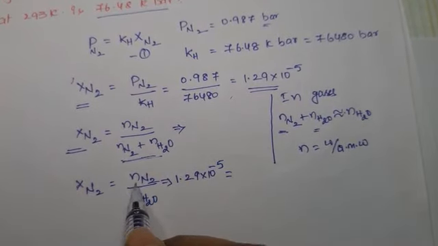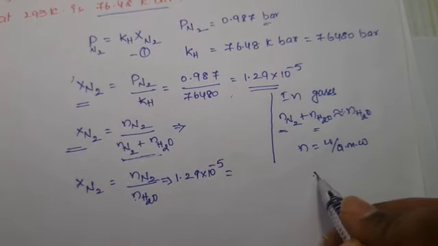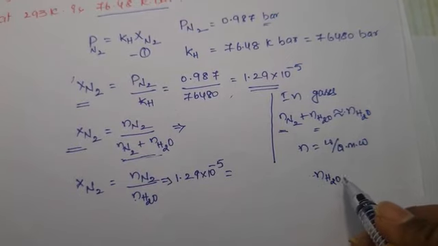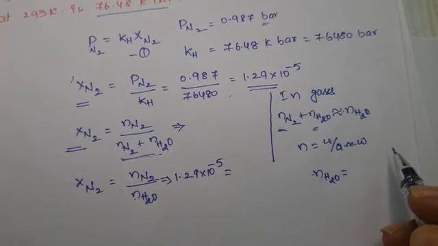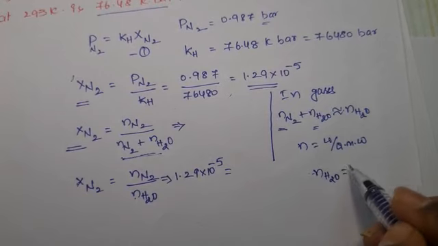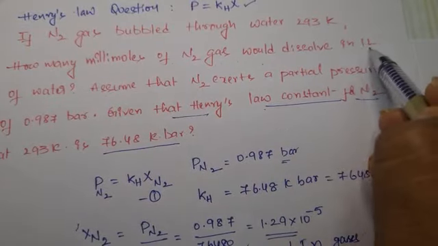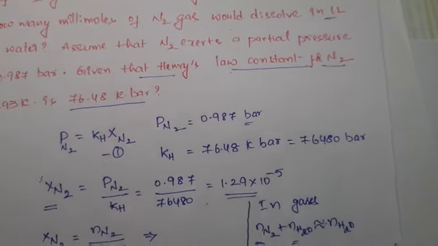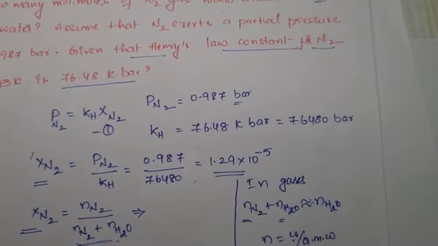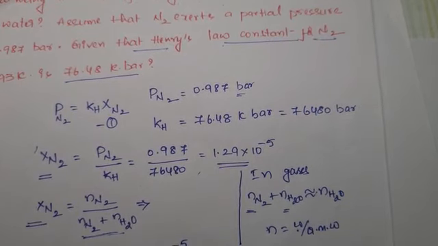The weight of water is 1 liter, which is nothing but 1000 grams. The molecular weight of water is 18. So 1000 by 18 gives 55.55 moles.